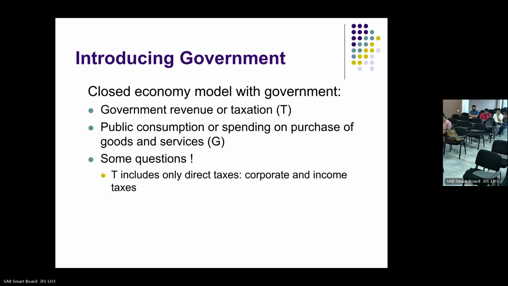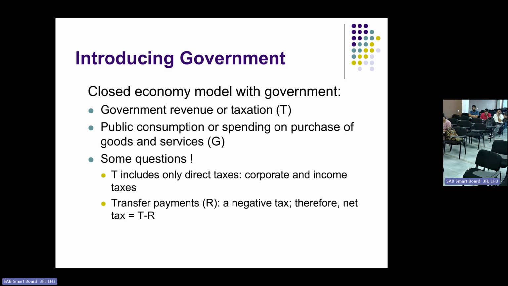We take the direct taxes basically, like income tax, not corporate taxes. And we also consider transfers with the government. So for disposable income, you have to consider tax and transfers.